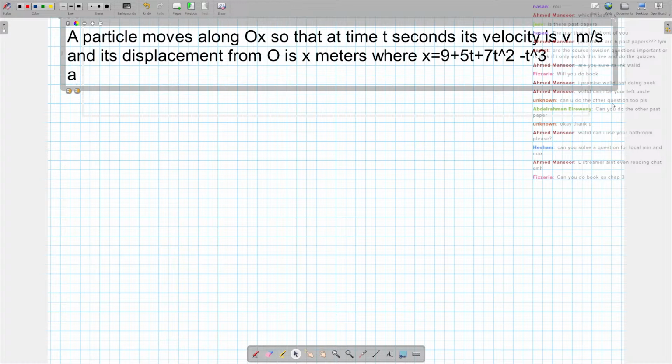Part A, they say find an expression for v in terms of t.